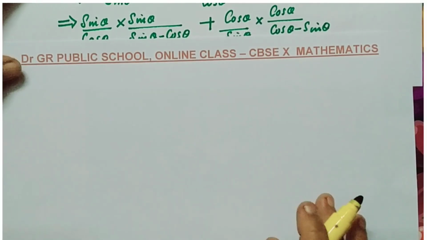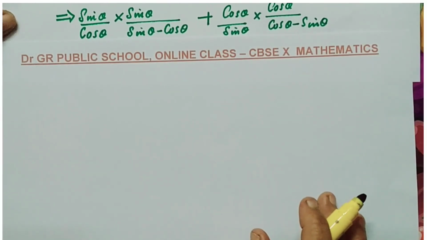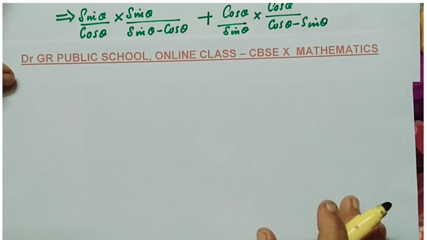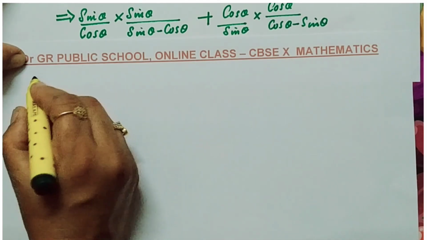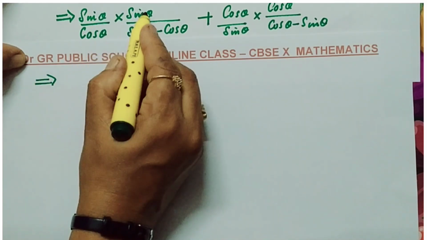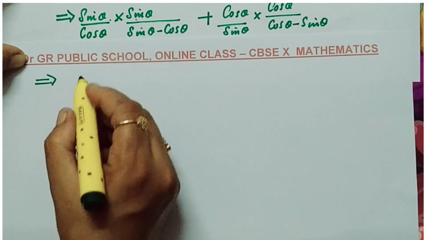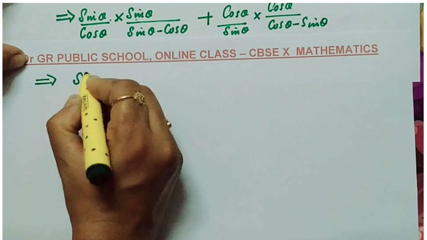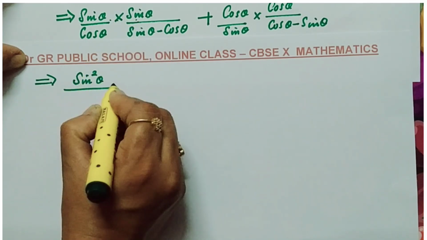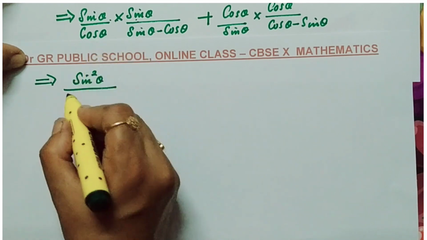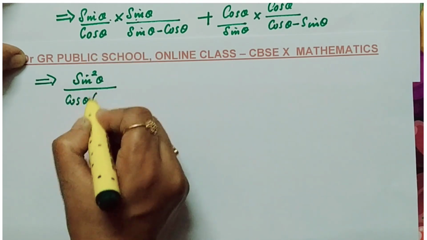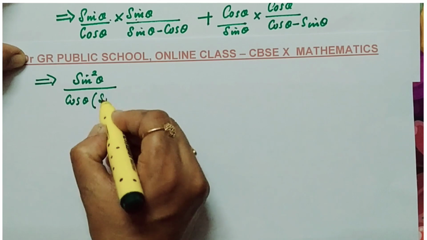Now you can see that the numerator and the denominator after simplification we will get, which implies sin theta into sin theta can be written as sin square theta by denominator can be written as cos theta into sin theta minus cos theta.